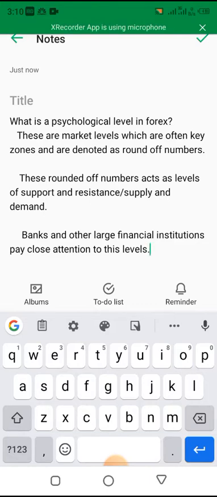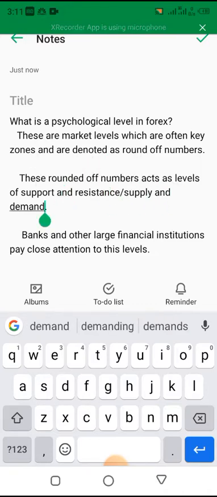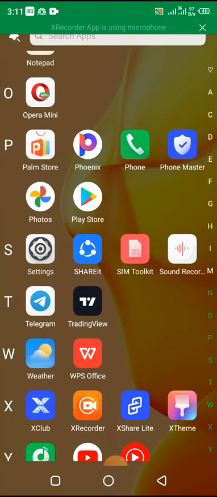I'm going to teach you how to plot them and how they can help you trade the markets, since they act as our support and resistance levels. So let's head straight into the markets.